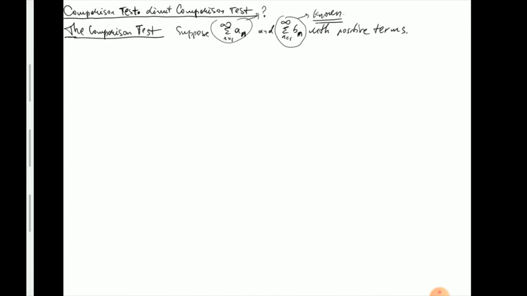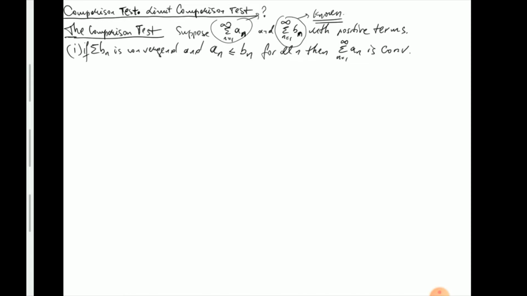The test has two parts. It simply says that if the summation of bn is convergent, and pay attention here to the direction of the inequality, an is less than or equal to bn for all n, then you can conclude that the summation of an is convergent.